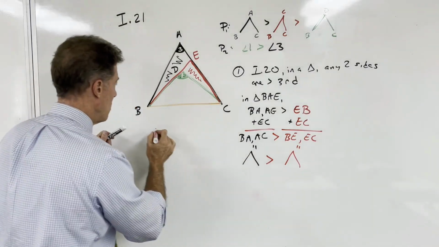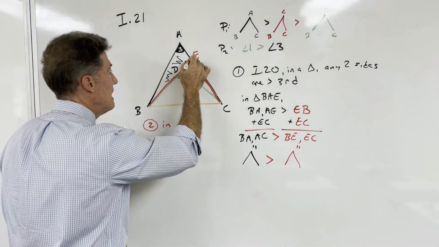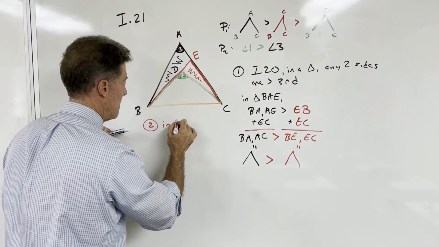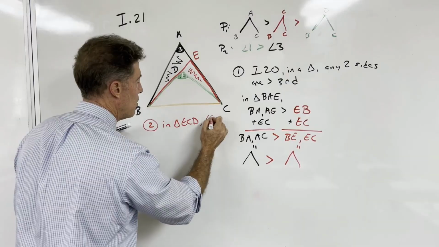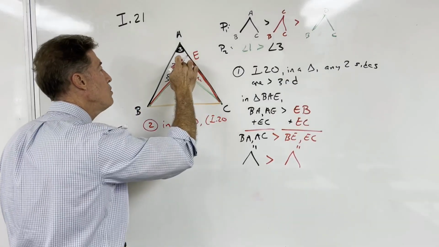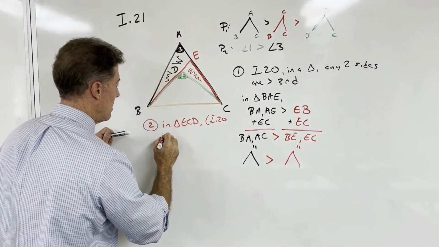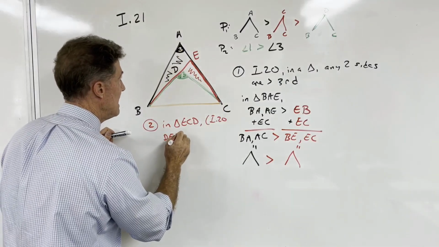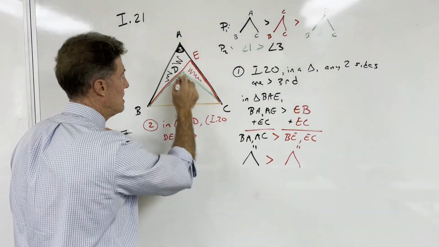All right. So the second thing we're going to do is in triangle ECD. Again using Prop 20, we know that any two sides, so DE and EC, have to be greater than the third side, which is DC.